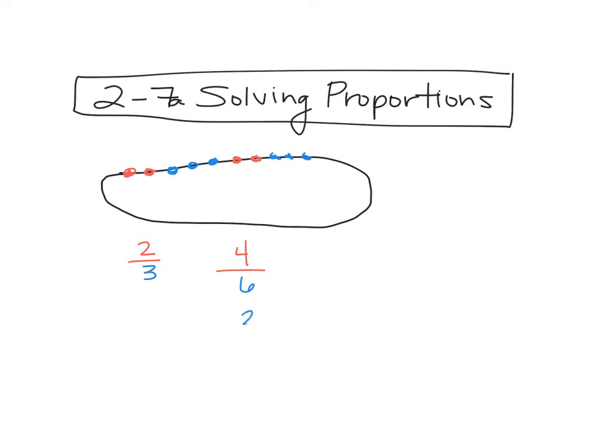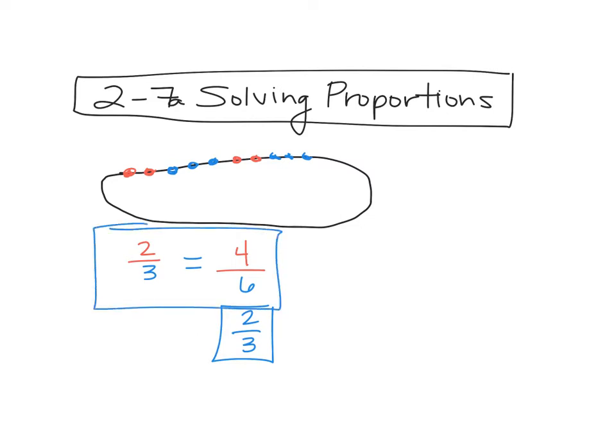So if you reduced that, it would be equal to 2 to 3. So I could say 2 to 3 equals 4 to 6, and that's a true statement, right? Because 2/3, if we reduce 4/6, it becomes 2/3. Those are the same thing, okay? So this technically is a proportion. You're setting a ratio equal to another ratio, okay?